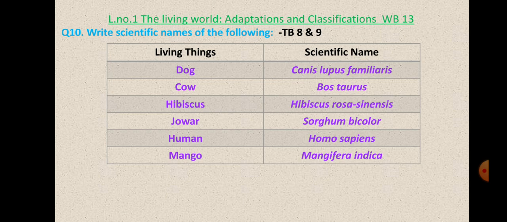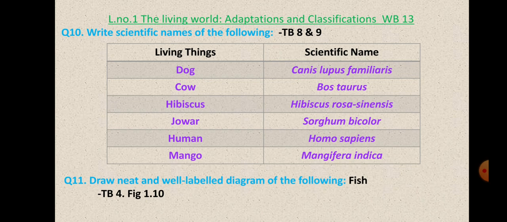See, next to recall, the table is given, hierarchy, with mango and human there. Full classification is given. So for mango, you will write the scientific name, the last two words, Mangifera indica. And similarly for human, the last two words, Homo sapiens. So this you will directly copy from the textbook.